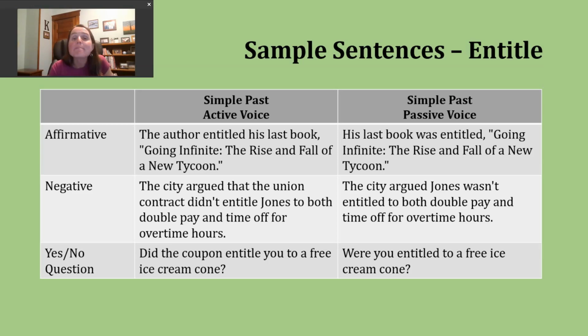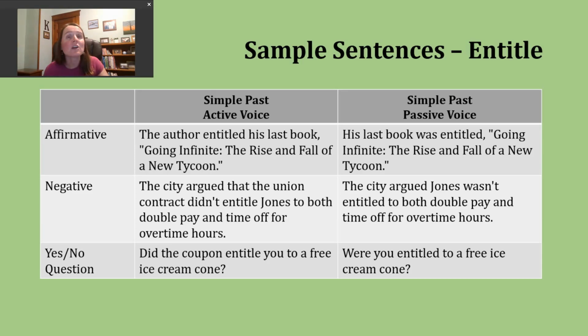Now let's look at making negative active voice sentences. To do this in the simple past tense, we start with our subject, we use did not, and then the base verb. Notice I'm not going to use the ed form of my verb. Here's another example. The city argued that the union contract didn't entitle Jones to both double pay and time off for overtime hours.